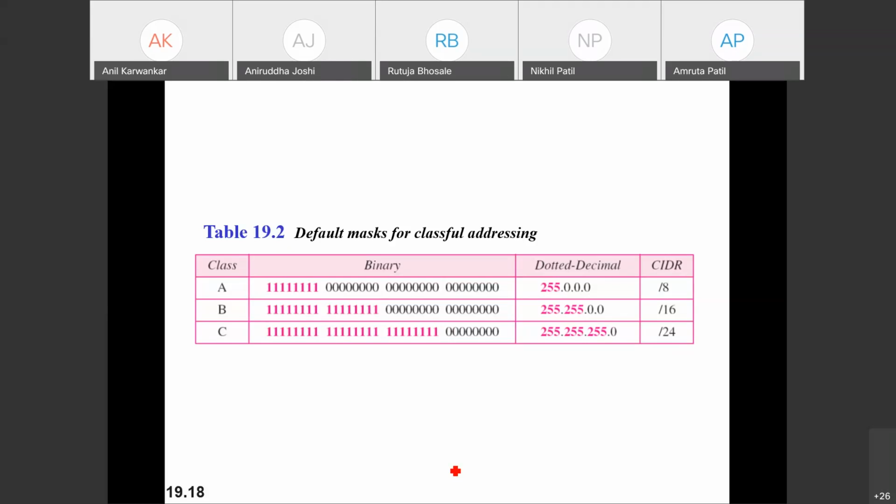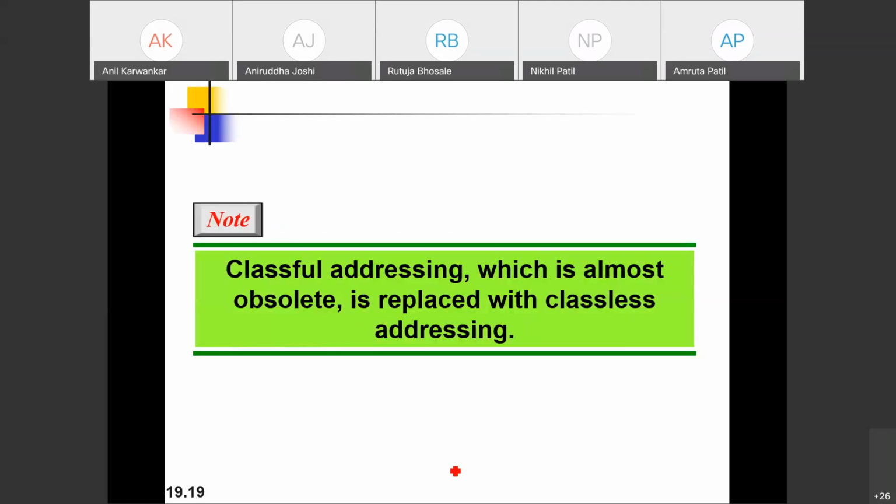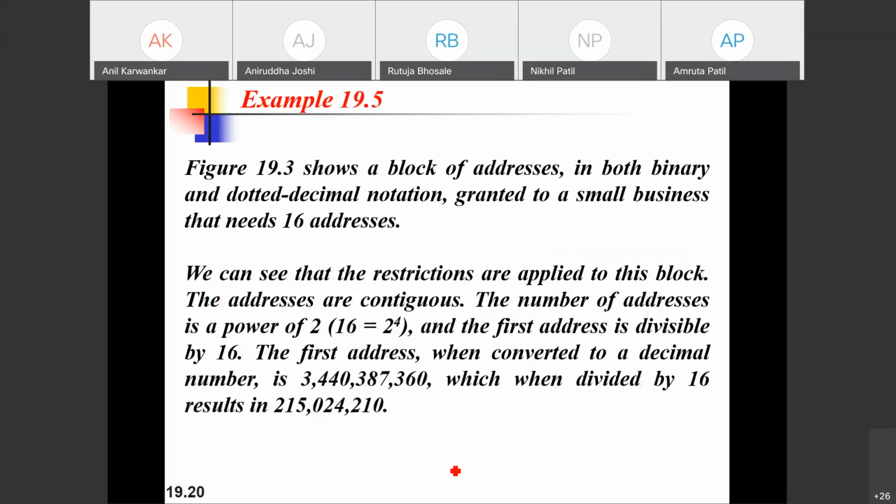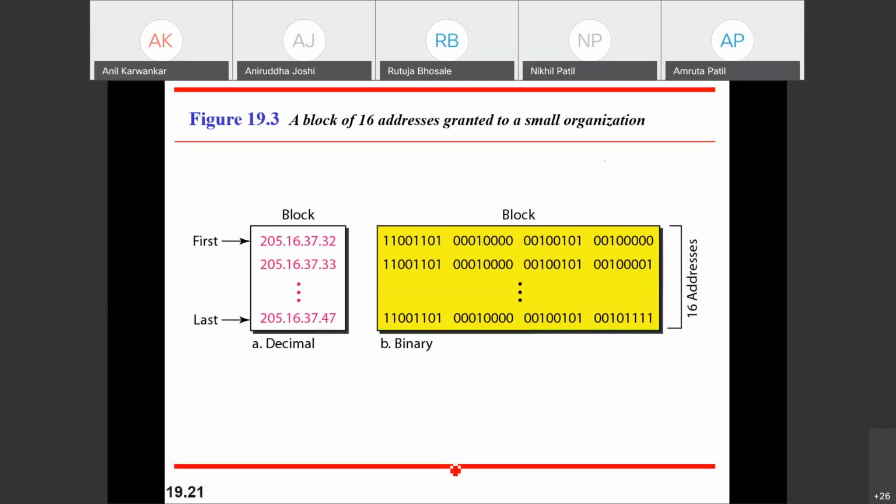The next screen will show you this concept. Class replaced with classless addressing. See here: a block of 16 addresses granted to a small organization.